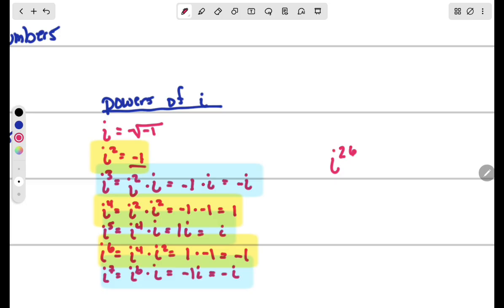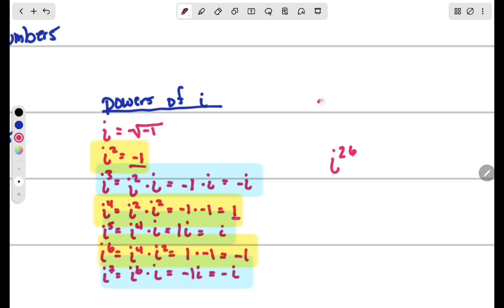Now, I see that with multiples of 4, I have a positive 1.